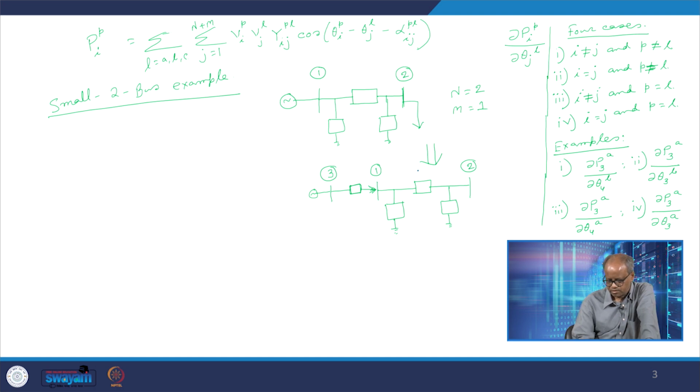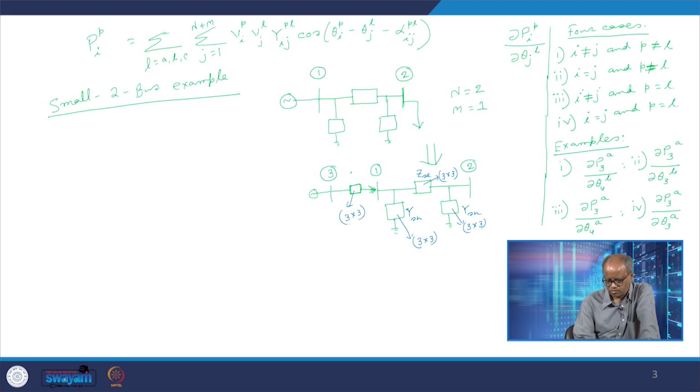Let us say this is Z series, and this is Y shunt, this is Y shunt. Please note all of them are 3 cross 3, this is 3 cross 3, this is also 3 cross 3, this is also 3 cross 3, and this is also 3 cross 3.